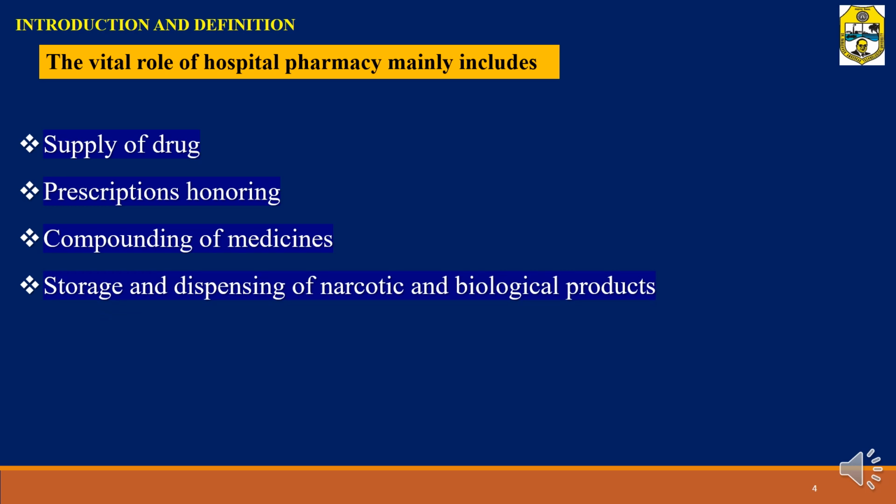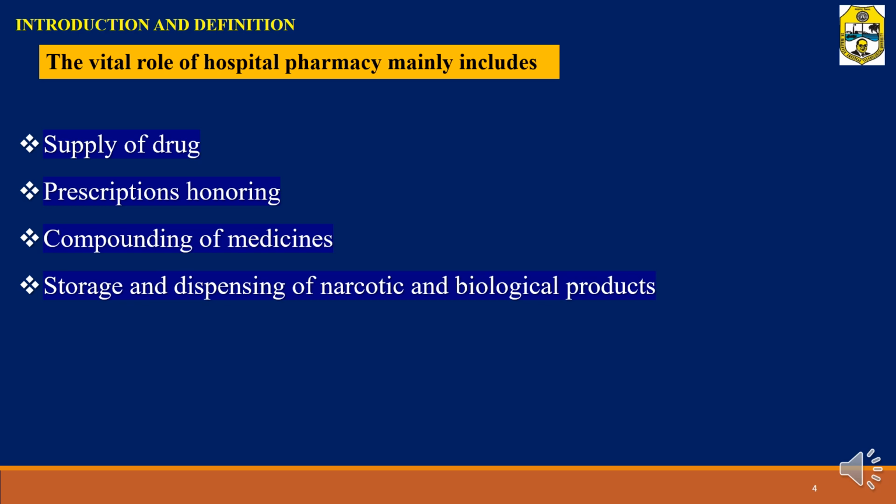Now moving toward the next role, that is the storage and dispensing of narcotic and biological products. Narcotics are drugs which come under one very important act, called the NDPS Act, the Narcotic Drugs and Psychotropic Substances Act, 1985.